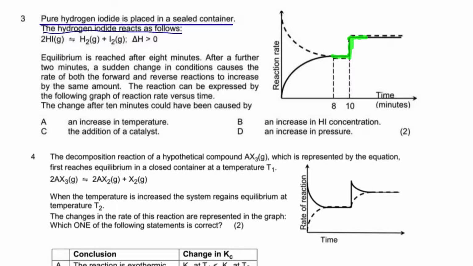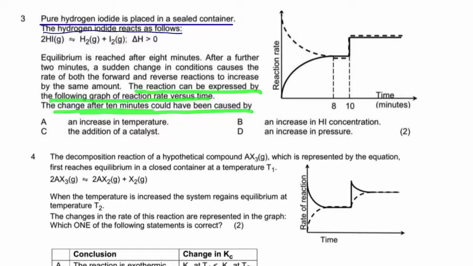At 10 minutes there's a disturbance. Let's look at that. A sudden change in condition causes the rate of both forward and reverse reaction to increase by the same amount. So at 10 minutes, there's an increase in both rate of forward and reverse by the same amount there. The reaction can be expressed by the following graph of rate of reverse reaction.